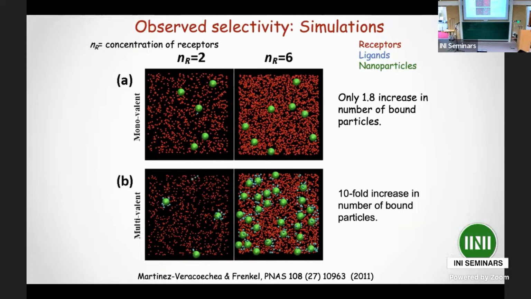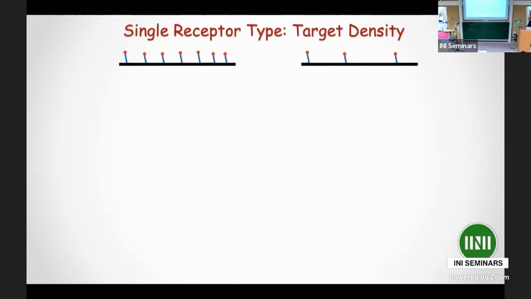So if you have two surfaces that you want to distinguish, you want to target this one and not this one, you clearly see that you need some multivalent particles to achieve that. So now we went further to think about a bit more complex problem.